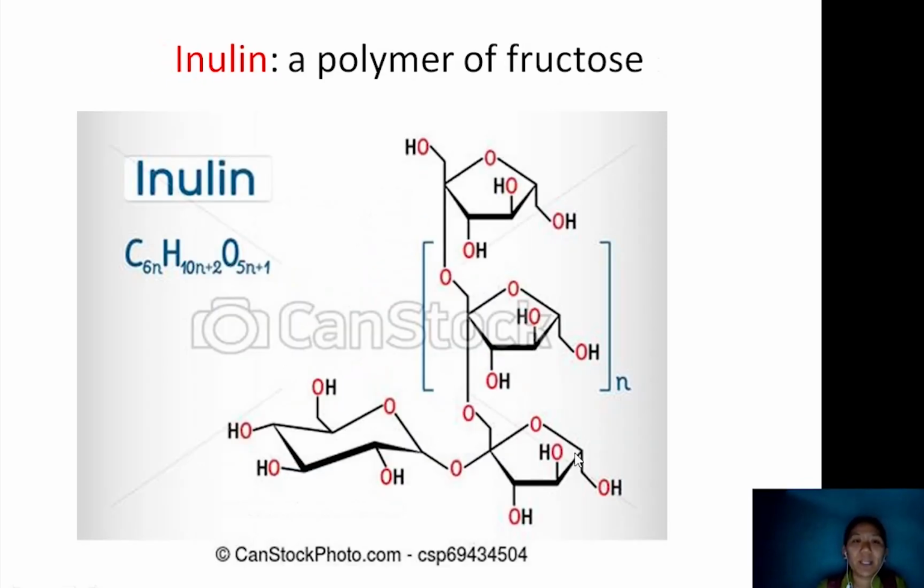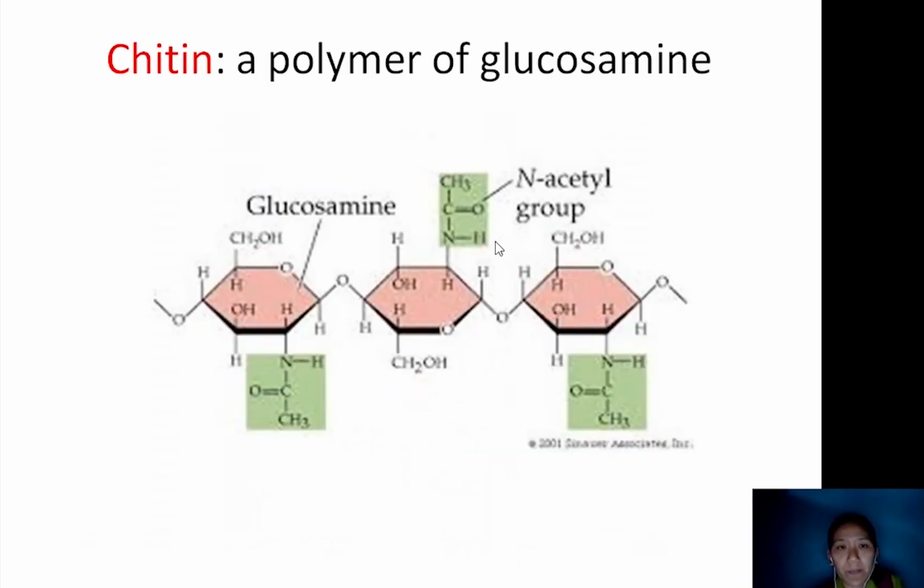Now next is inulin. Inulin is the polymer of fructose. So fructose, carbon 1, 2, 3, 4, 5, and 6. A number of fructose units are again linked by glycosidic bonds. It forms inulin. Now we have chitin. It's a polymer of glucosamine.